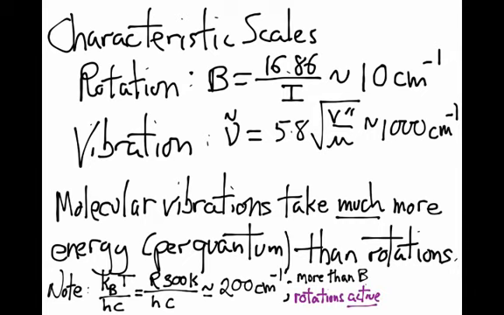Molecules are rotating quite freely, but the vibrations aren't, because that characteristic 200 wave numbers is much less than characteristic vibrational energies, and the vibrations are kind of frozen out. So many molecular vibrations, except the loosest, floppiest, backbone bending kind of almost internal rotation modes, all of the classic stretching vibrations of molecules are really inactive at 300 degrees.